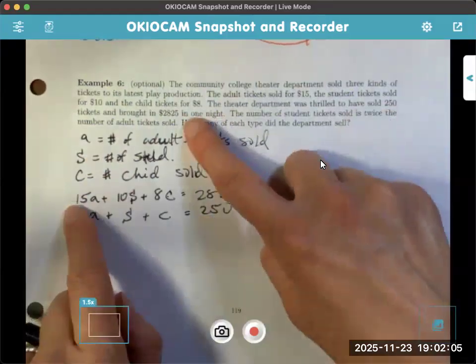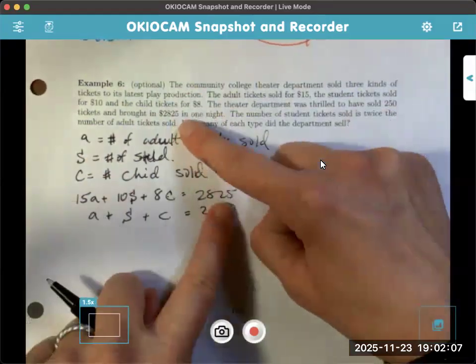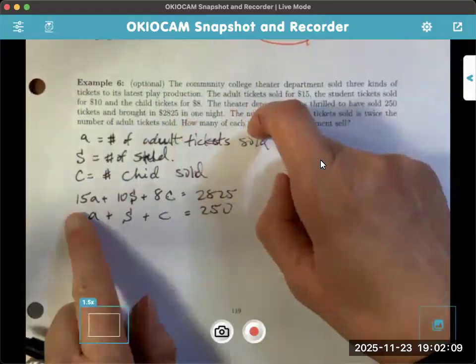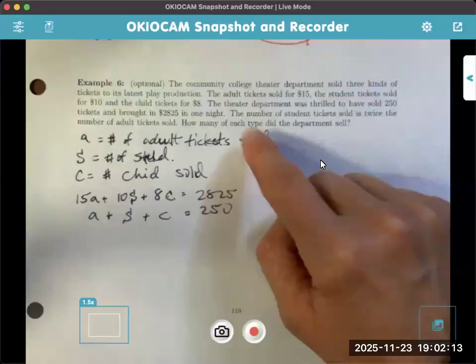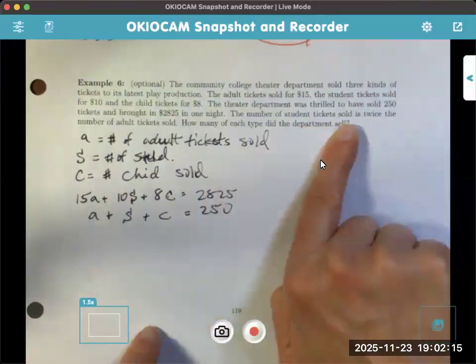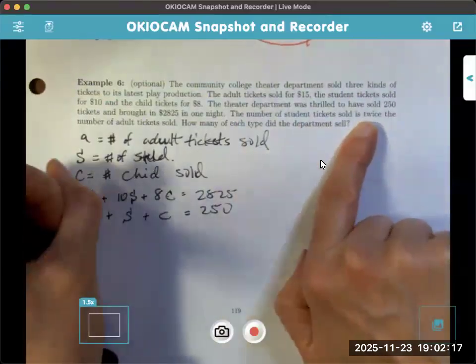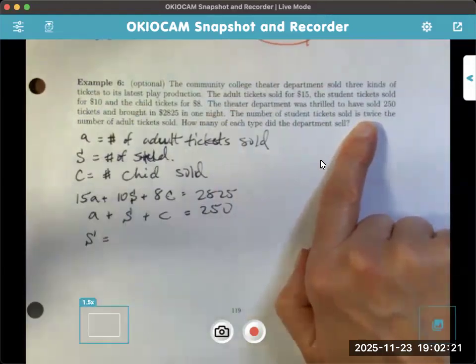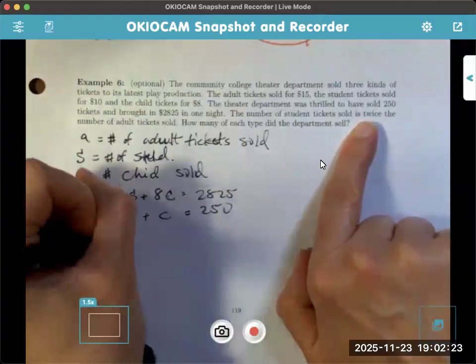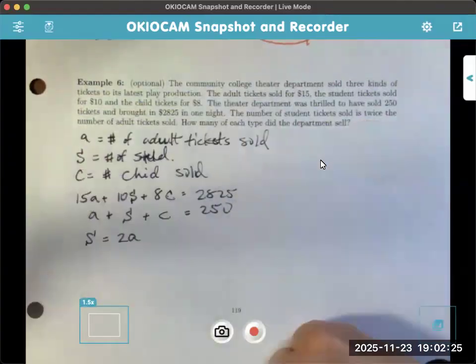And then we have the one with the money, with how much each ticket cost, right? So like what was in the register at the end of the day, sort of deal. So then next, the number of student tickets sold is... so S is twice the number of adult tickets sold. So it's just 2A. Perfect.